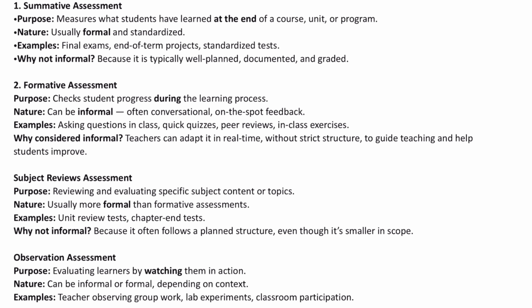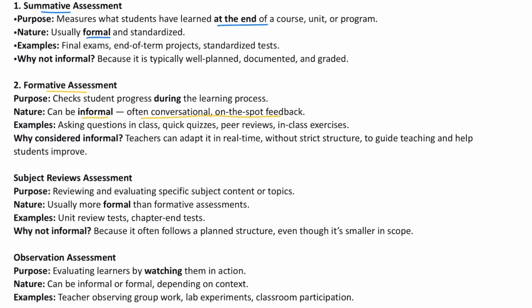Let us see some points related to these assessments. Summative assessment measures what students have learned at the end of the course, unit or a program. It is formal. Formative assessment checks the student's progress during the learning process, often conversational, with on the spot feedback, which is informal.